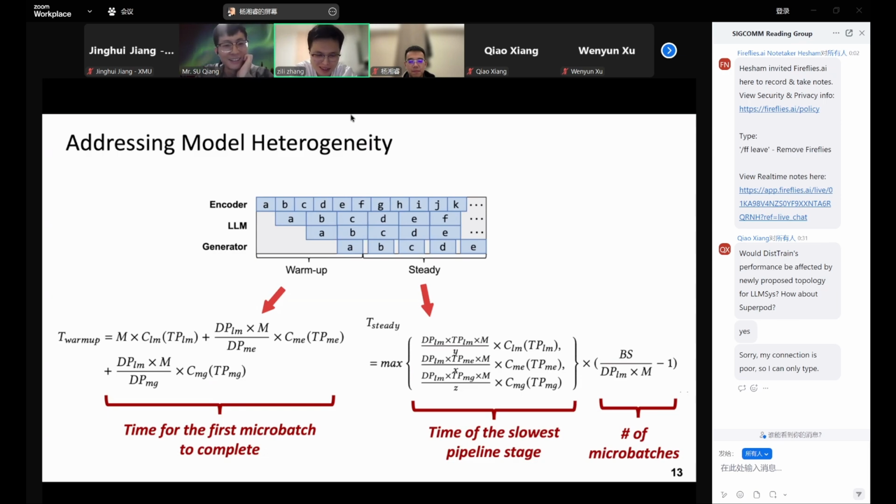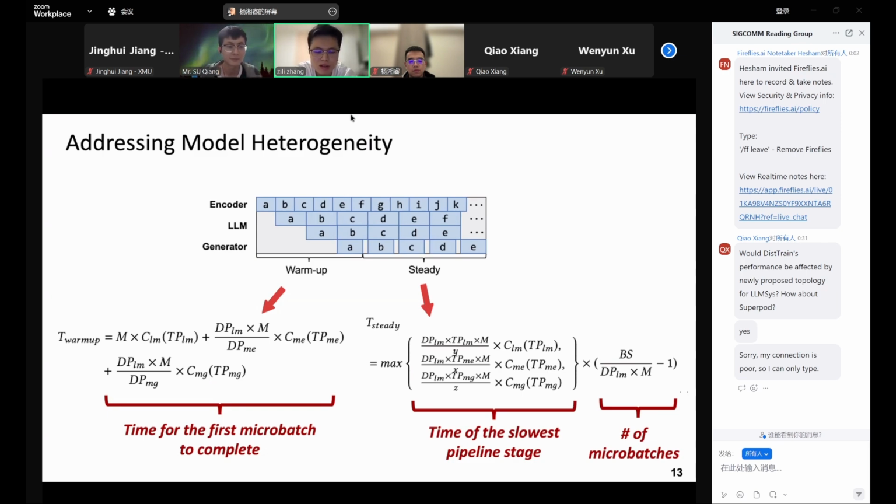Not actually the same. For example, in MOE training, you should use expert parallelism to train the LLM. And in MOE there also exists data heterogeneity, because different tokens may be routed to different experts, and there exist hot experts and cold experts, which incurs load imbalance.